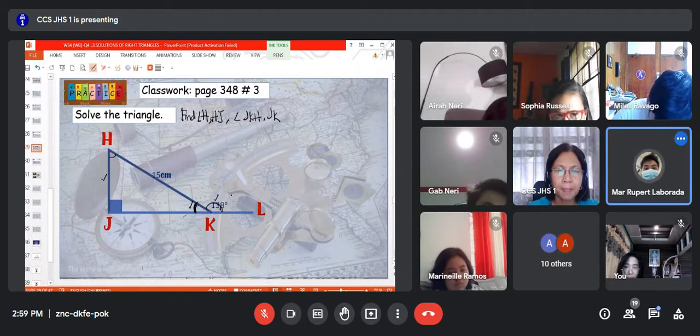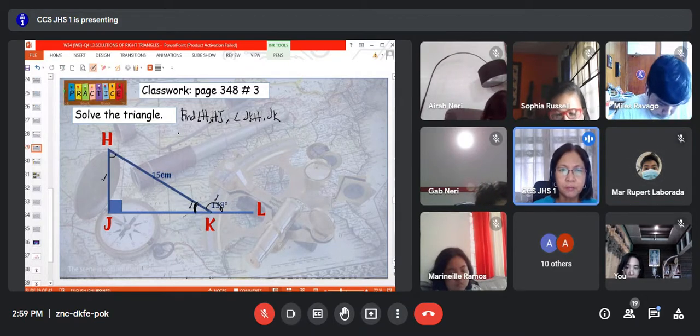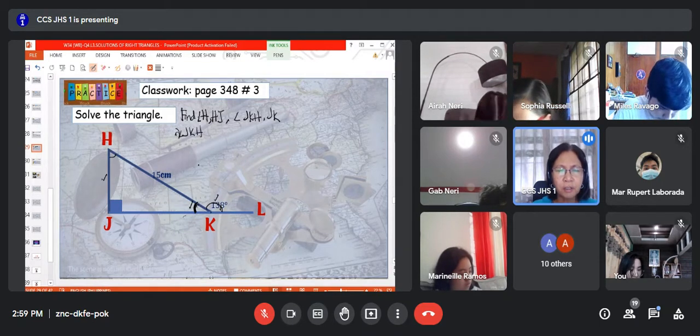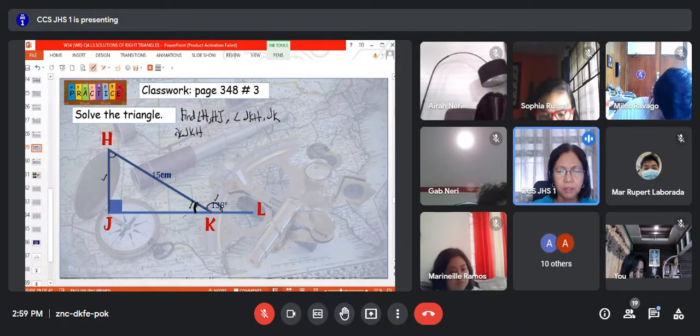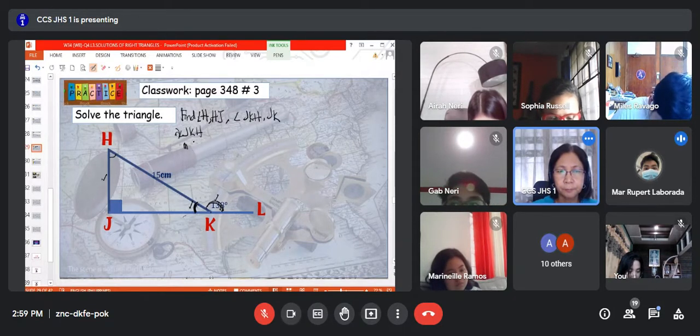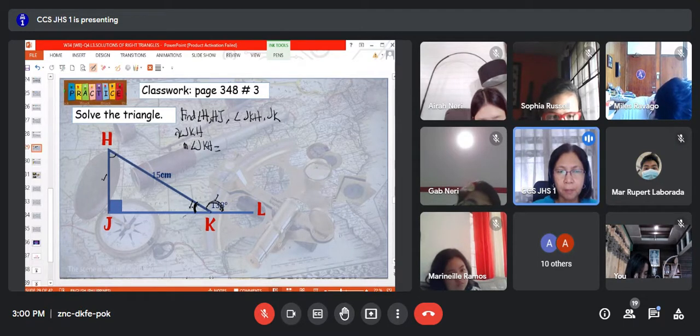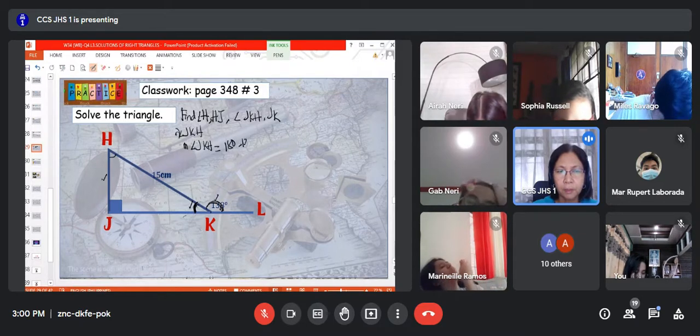Triangle JKH. Okay, solve for angle GKH. The first step, solve for angle GKH. So how to solve for angle GKH? If this is 138 degrees, how much is angle GKH? 42. Okay, this is a linear pair, right? So 180 minus 138 degrees, that will be 42 degrees.